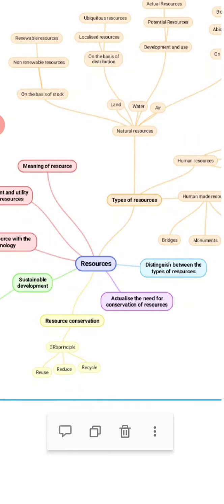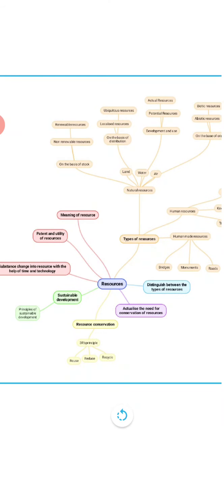Now, conservation of resources. What is resource conservation? Using resources carefully and giving them time to get renewed or replenished is called resource conservation. It is mainly based on the 3 R's principle, that is reduce the consumption, reuse and recycle the things.